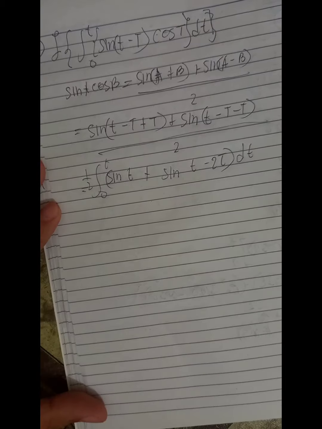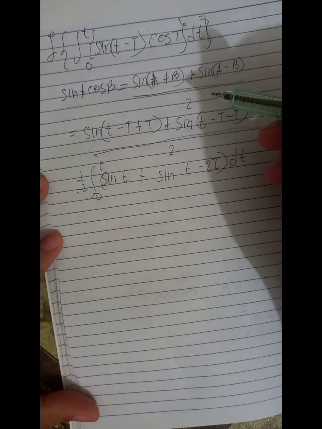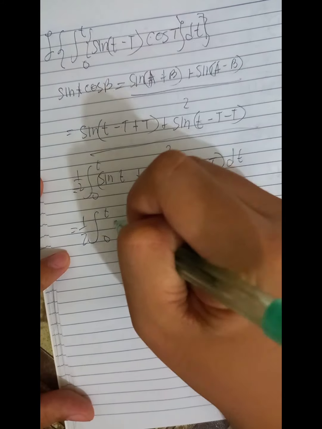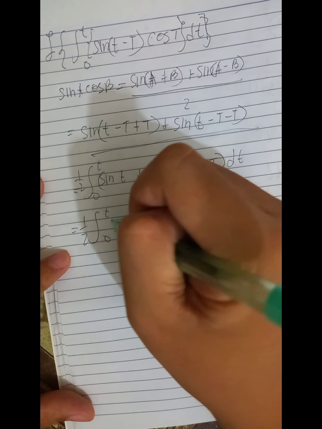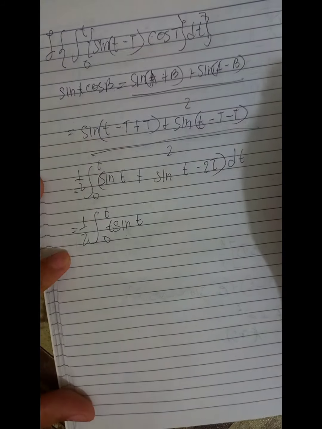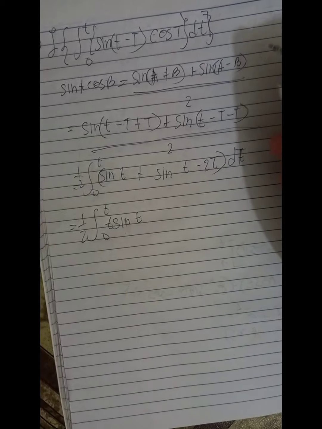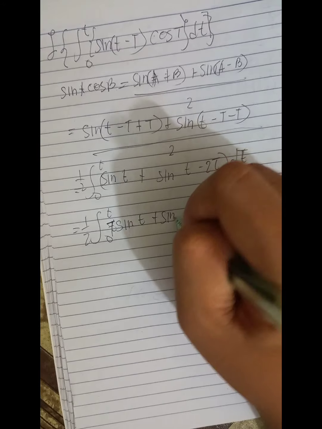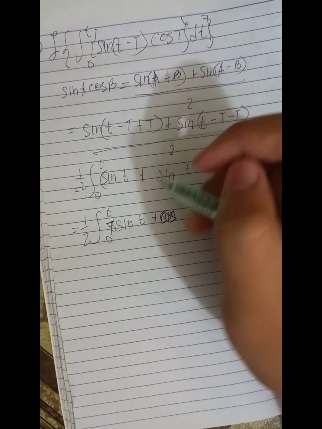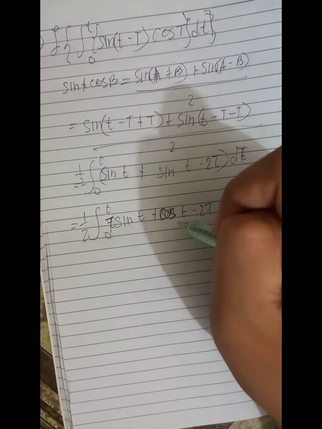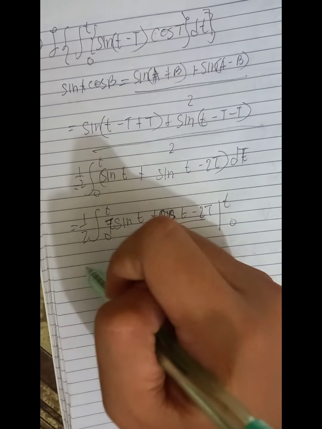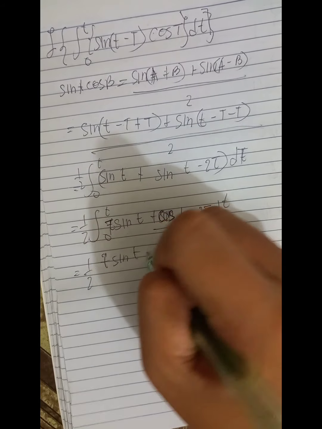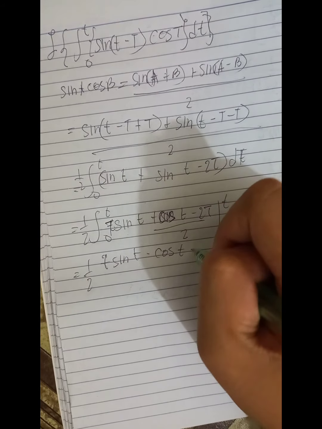The next step is we have to perform integration with limit 0 to t. Then we have to perform the integration. I forgot to remove the integration symbol.